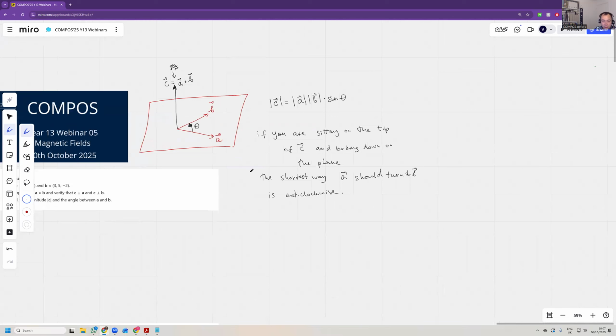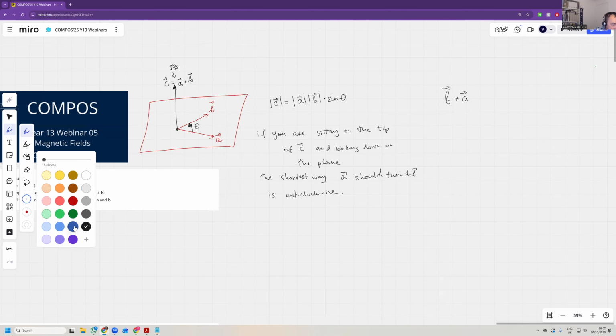Now, it also means that if you multiply B cross A, they will turn the other way around. So B must turn to A counterclockwise. So C would be downwards. So the vector B times A would be in the opposite direction.